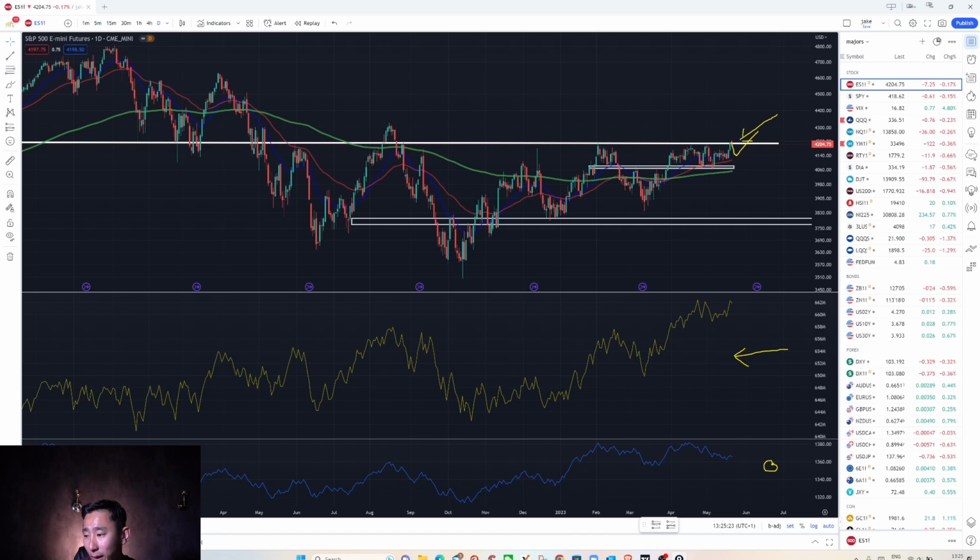We are seeing it popping higher. Let me just clean all the drawings. We are seeing more accumulation for sure. But the underlying is this: the advance decline line is still not picking up, meaning that more stocks are actually bearish than bullish inside the S&P 500. So that's a bit of a concern.